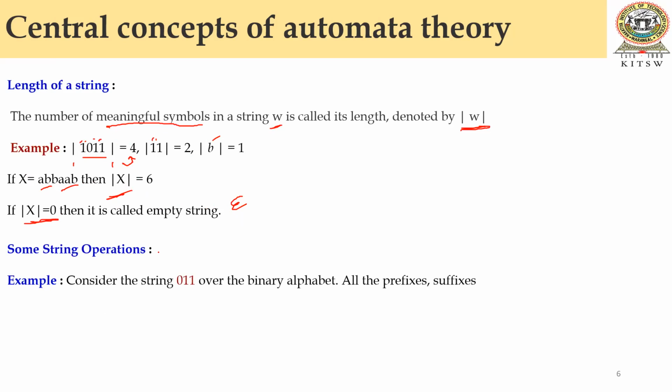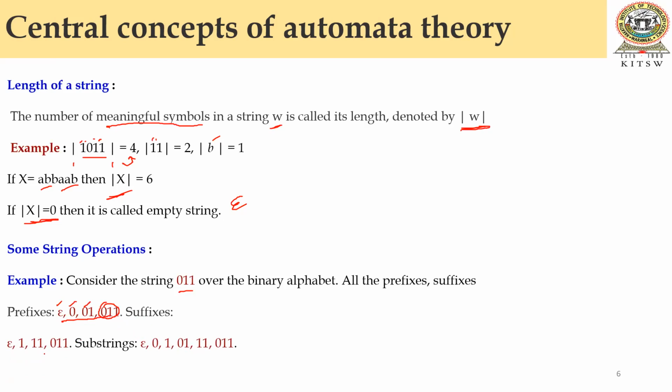String operations. Consider the string 011 over the binary alphabet. All the prefixes: epsilon, 0, 01, 011. Empty string is also a prefix.